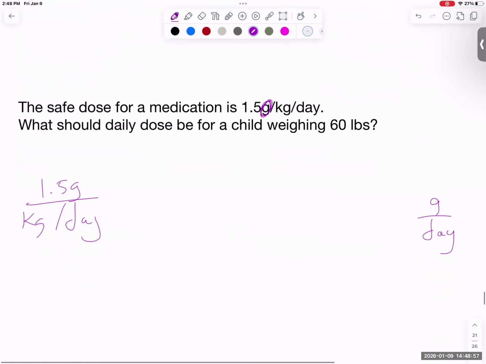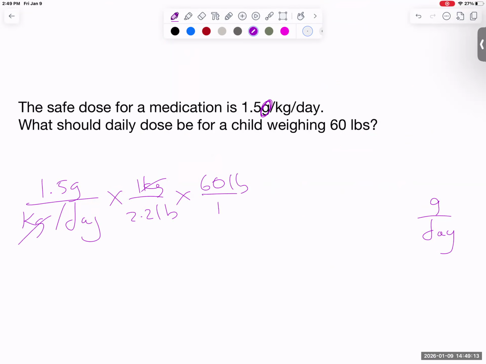All right. And Jen, you asked a good question, and I'll show you the difference because we're going to do that next. So per day, what is the daily dose for a child weighing 60 pounds? We're still going to do 1 kilogram is 2.2 pounds to get rid of kilograms. And this kid weighs 60 pounds over 1. So I'm going to do the math and make sure I'm not making any errors. 1.5 times 60 is 90, and then 2.2.